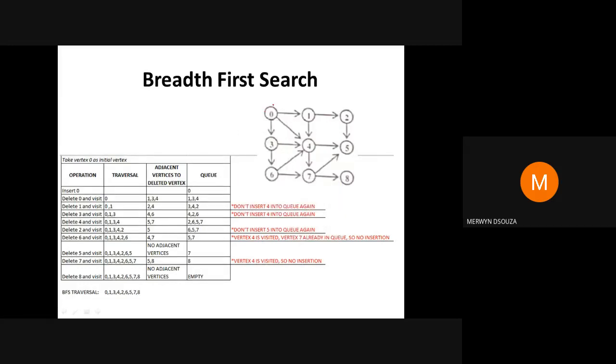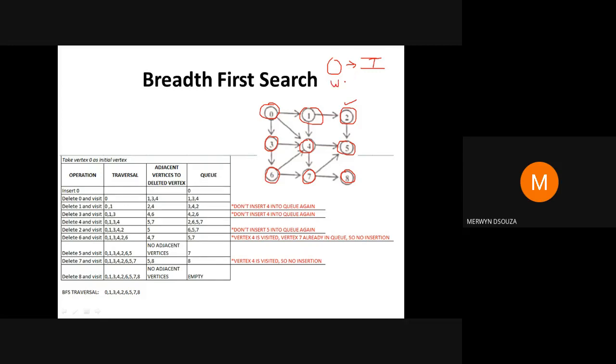First, initially, what you do is just circle all these vertices. If you do not have a circle, you can use some other mark, like a tick mark. What's the meaning of this circle? Circle means all the vertices are in the initial state.